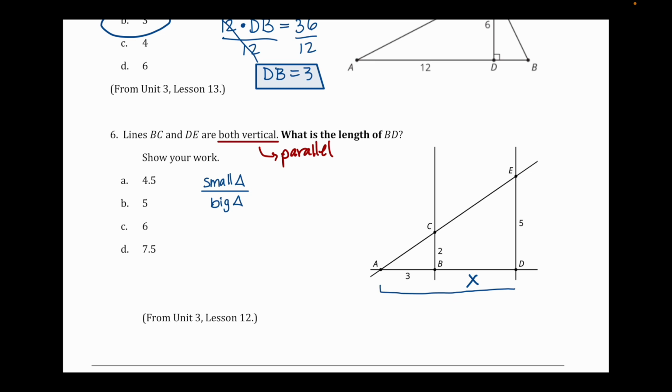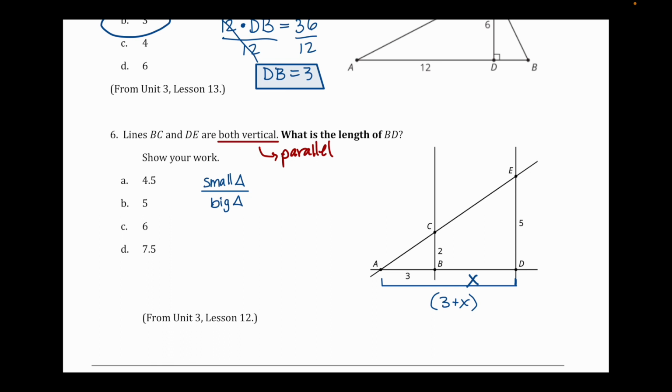But the important piece to note is that for this chunk here, all the way across, this one is going to be 3 plus x, or x plus 3, either way. That is the side of the big triangle I need to use.